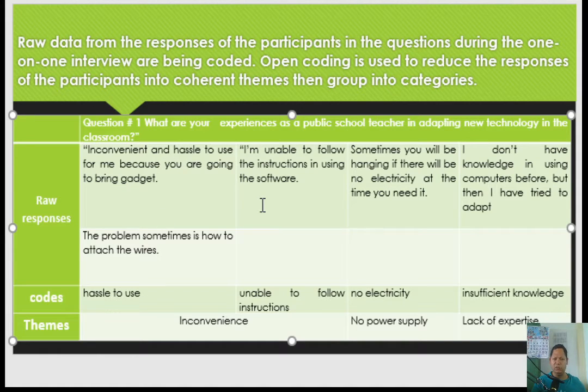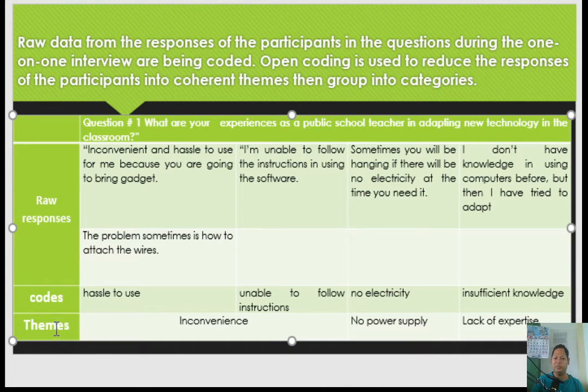The purpose of these codes is to shorten our data, to make it more compact. Because if you have more data, you will have a hard time analyzing it. So to sum it up, you will use the codes. Then after codes, we are now assigning themes.